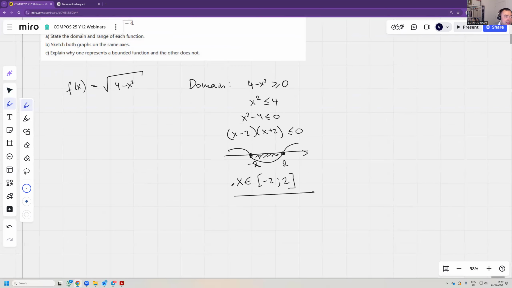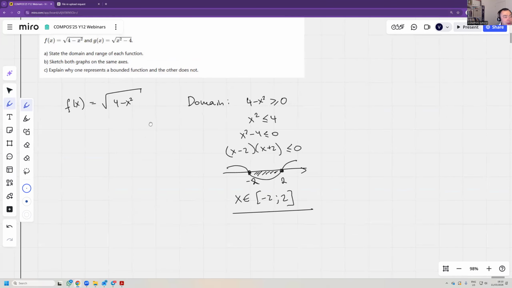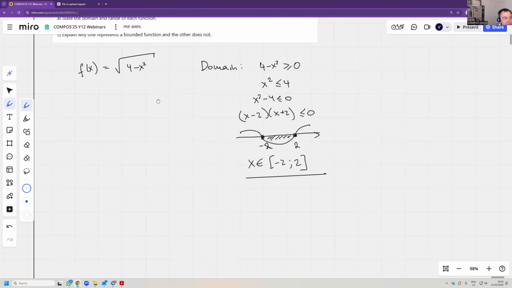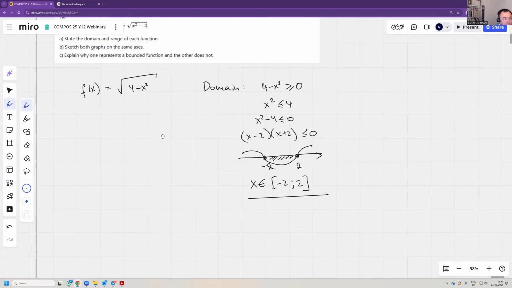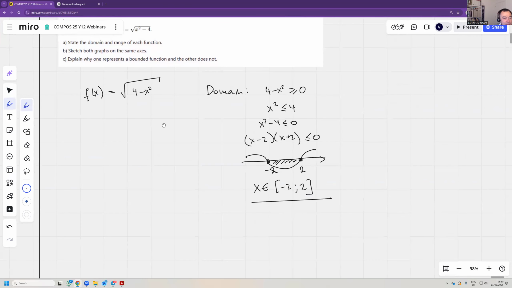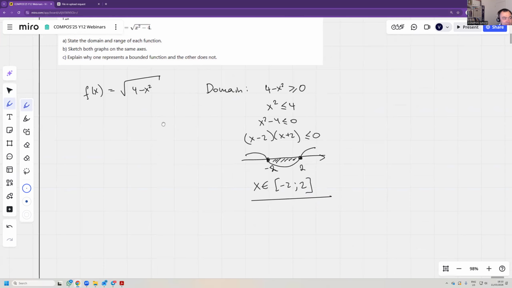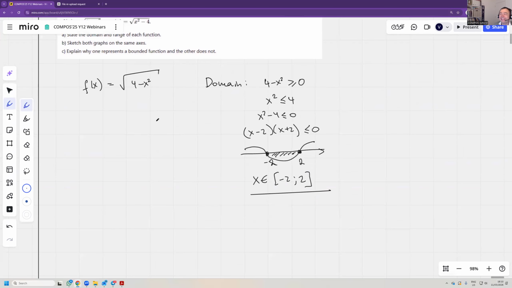Right, so x can only take certain values, and then square root of 4 minus x squared. Well, how would you find the range? Well, technically, to find the range, you would need to find the maximum point, right?